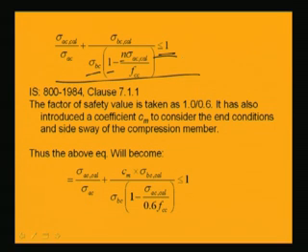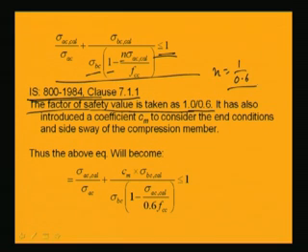Okay. Now, as per IS 800 1984 clause 7.1.1, the factor of safety value is taken as 1 by 0.6. So, the factor of safety is taken as n equal to 1 by 0.6.